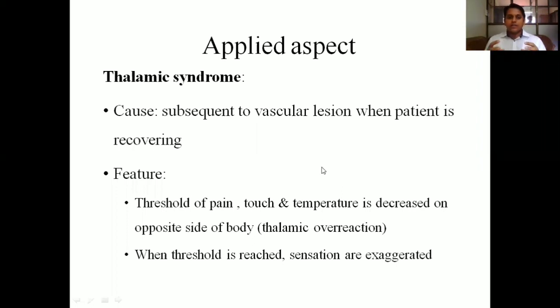So when it is in the point of recovering, it gets the overreaction. So that's called thalamic overreactions. And when the threshold is reached, the sensations are exaggerated. So even a pin prick is felt as a burning pain. Okay, so that's the thalamic syndrome. So that's all about thalamus today. So we'll stop.